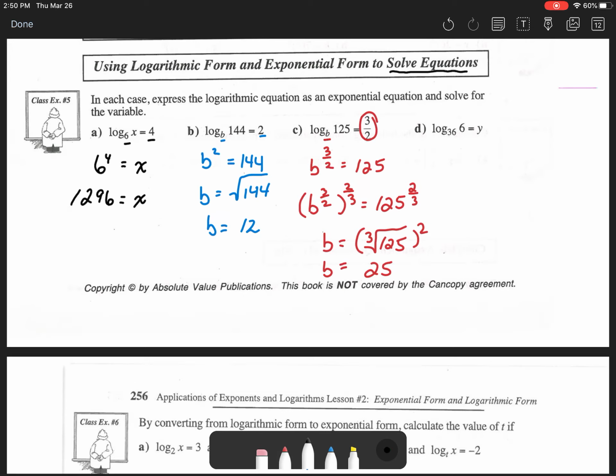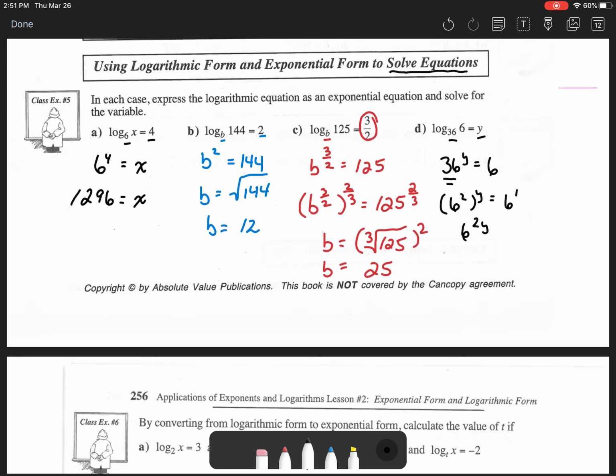And then the last one, you're going to have 36 to the exponent of y. So 36 to the exponent of y is equal to 6. Now we use our basic idea of creating powers with the same base. So this 36 here, I'm going to write as 6 squared to the exponent of y equals 6. And remember, 6 is to the exponent of 1.